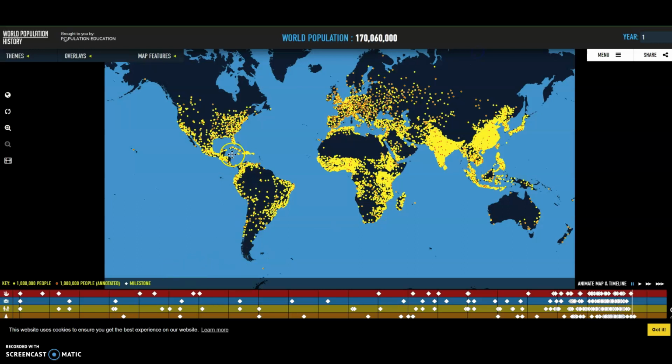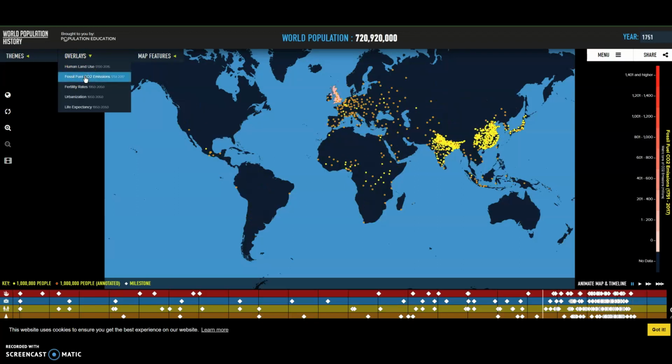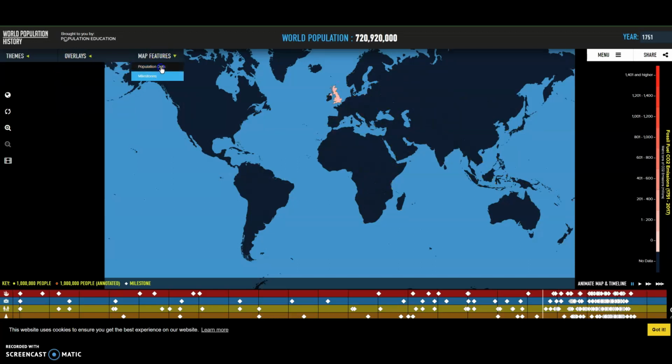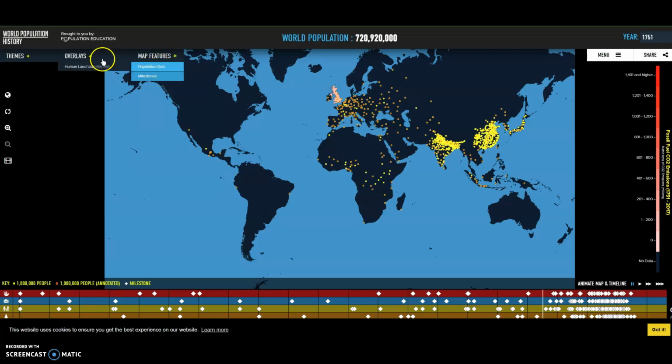Looking at this map, you can see all these dots. And there are different themes here. There's overlays that you can use. So if we want to look at fossil fuel emissions, population dots, you can put those in there.